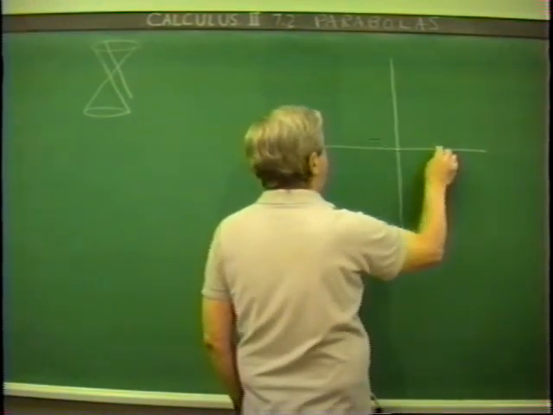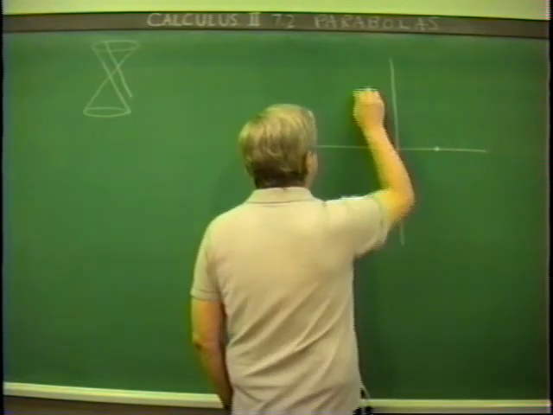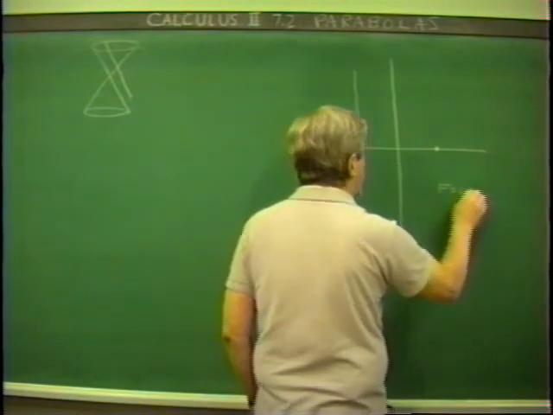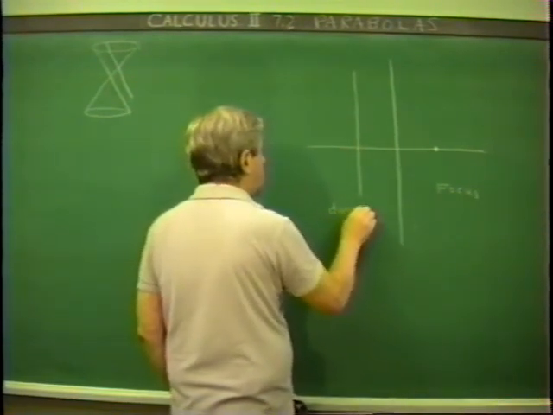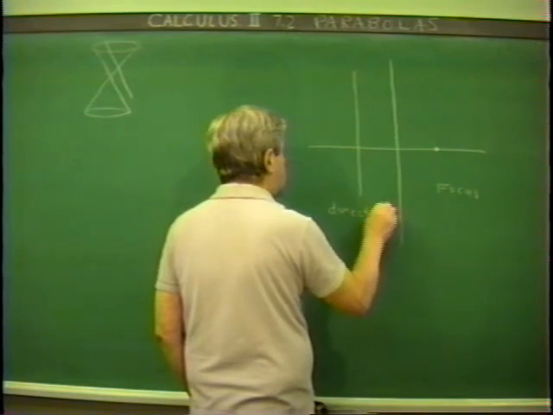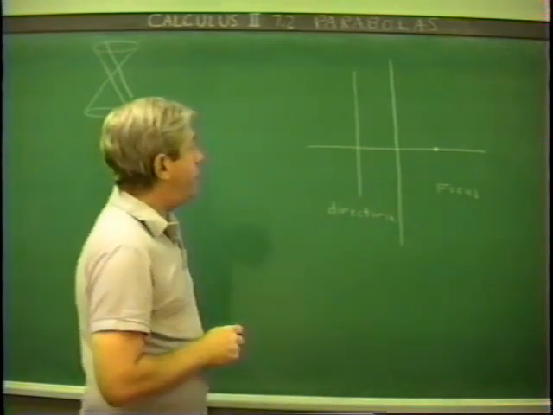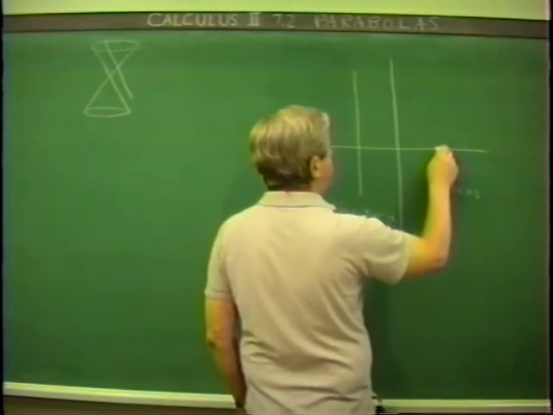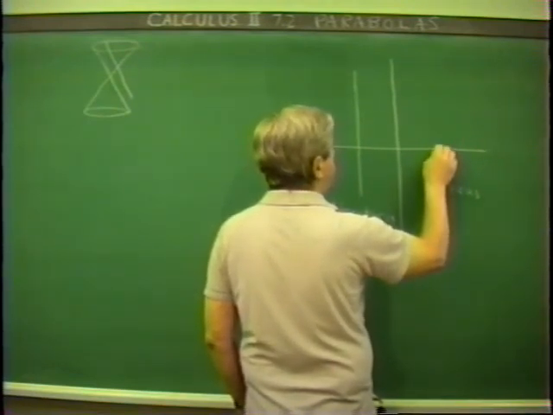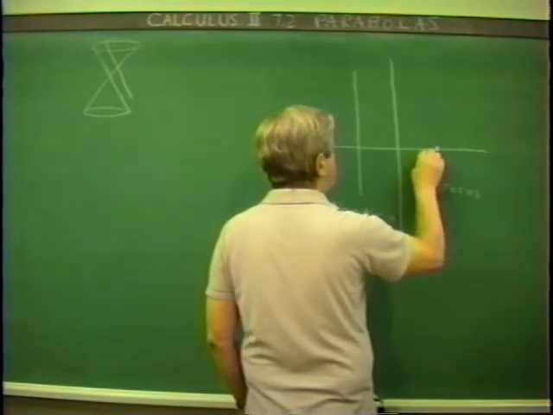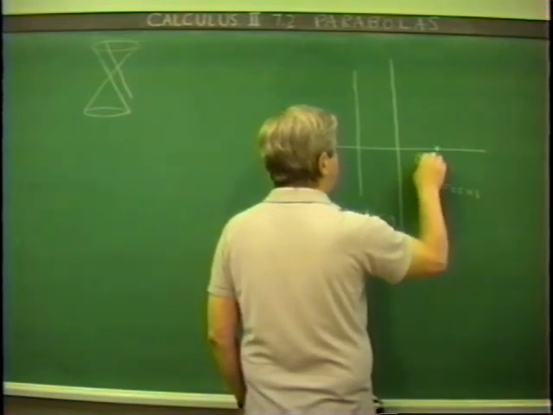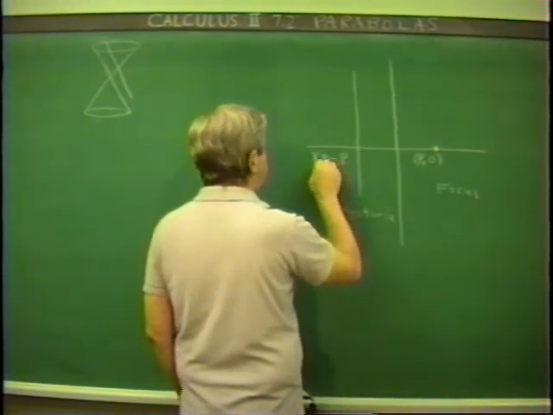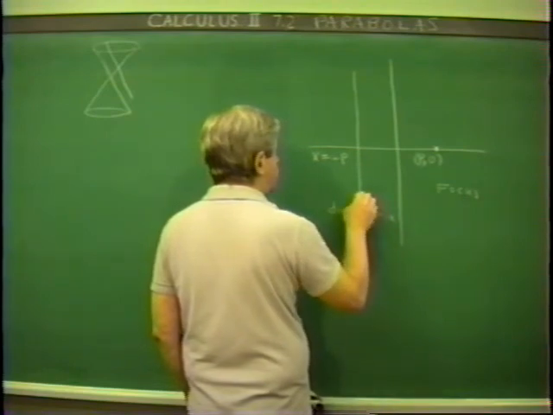We take a point and a line, and we designate them as focus and directrix. In this case here, we're going to put this focus, for simplicity and at least for the meanwhile, at the point (p, 0), and x equals minus p, the other side of the y-axis, is going to be the directrix.